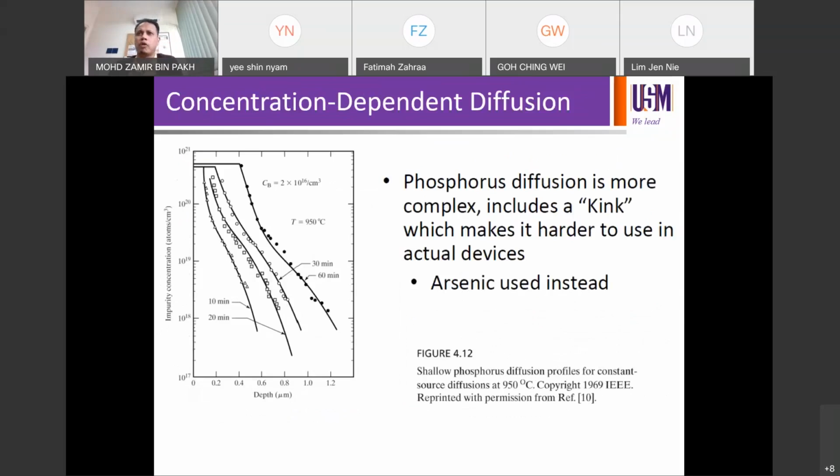The same goes for our previous processes as well: thermal oxidation, lithography, etching. Each of these processes has its own respective characterizations. So if not one, then maybe a couple of characterizations need to be done on the silicon to make sure that you get what you plan to get, right?